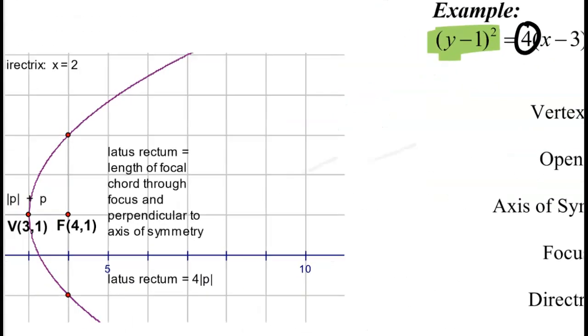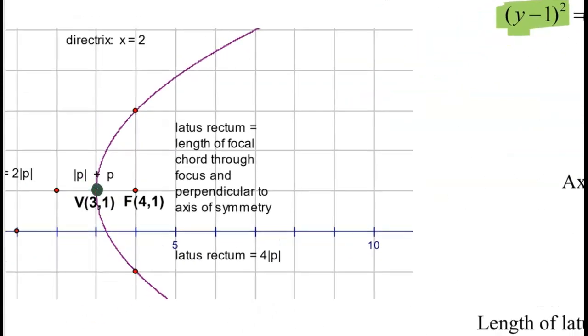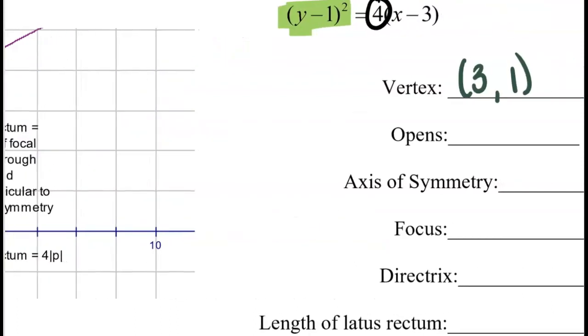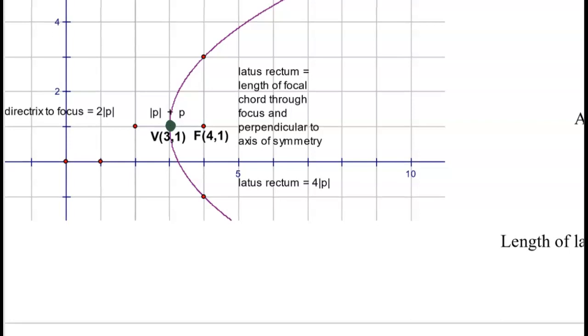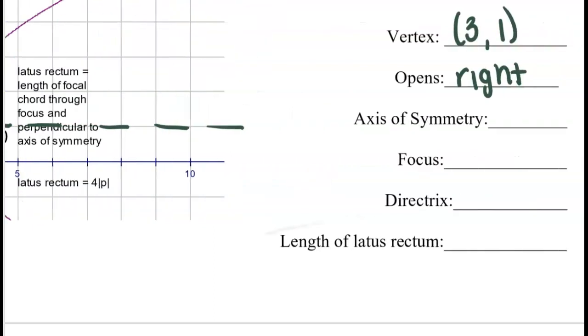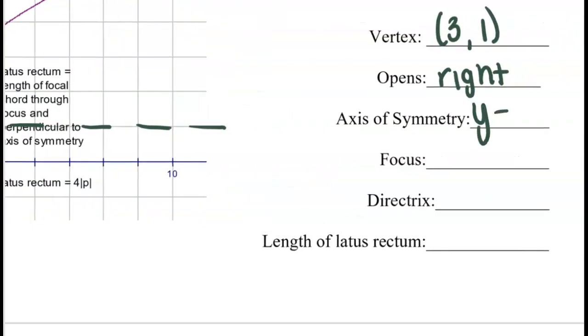So that tells me that my vertex is here at 3, 1. I know I'm opening right. We just talked about that. My axis of symmetry is going through my vertex. My axis of symmetry is splitting my parabola in half. So that is the line y equals 1.